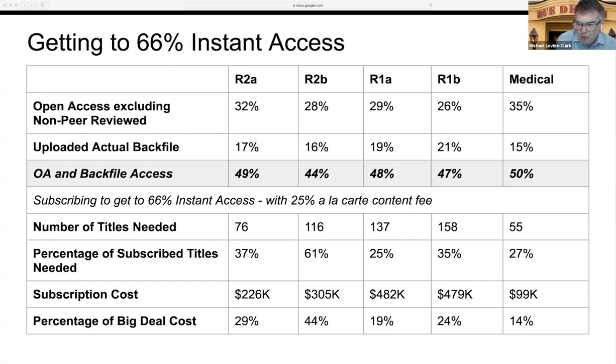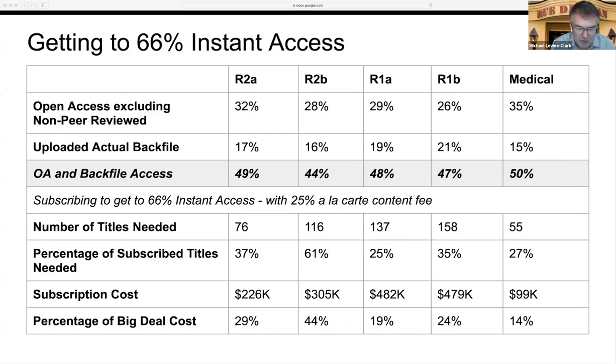So what happens when you start to play around with the system and build on this? We can see that with those settings in place, we have roughly 45 to 50% availability of open access and backfile in the beginning. And then for these libraries, we asked what would happen if we wanted to get to 66% instant access. Using that 25% standard Elsevier a la carte content fee, if you were to go to a title by title subscription and break up your big deal, the number of titles needed is between 55 and 158 for these institutions.